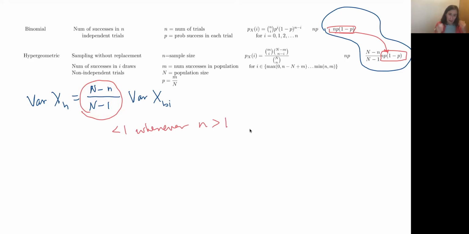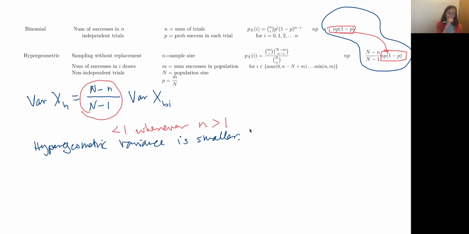So what this is telling us is that in the cases we care about, the binomial variance is bigger than the hypergeometric. Or, since we're talking about the hypergeometric, let me say it in that order: the hypergeometric variance is smaller.